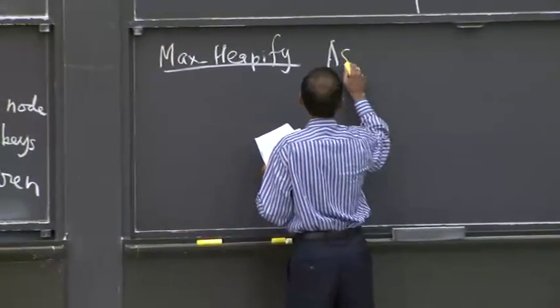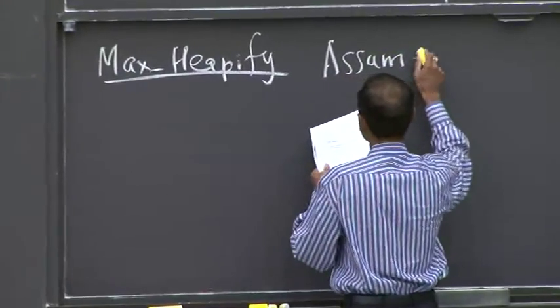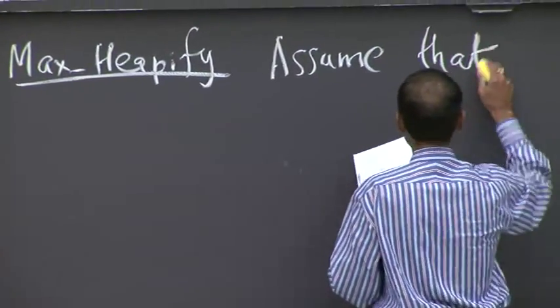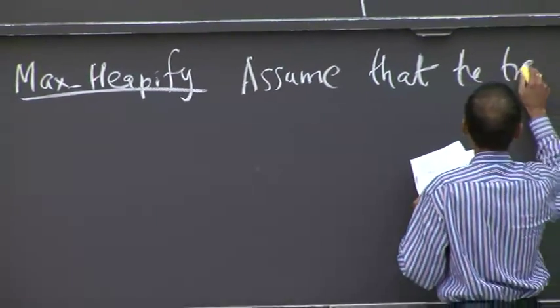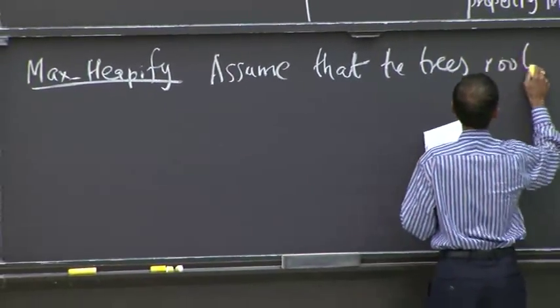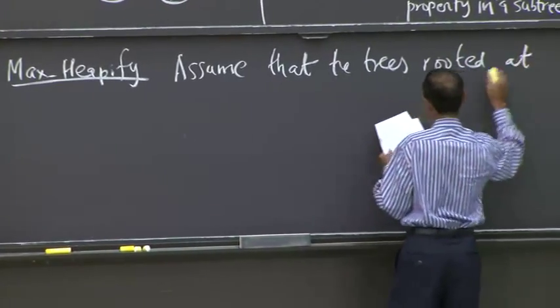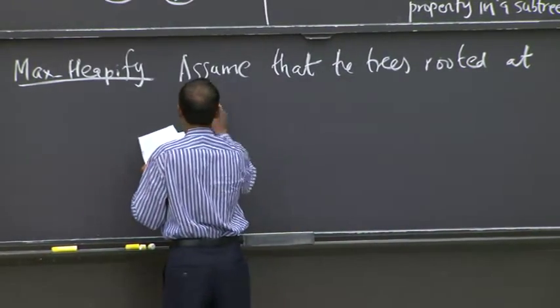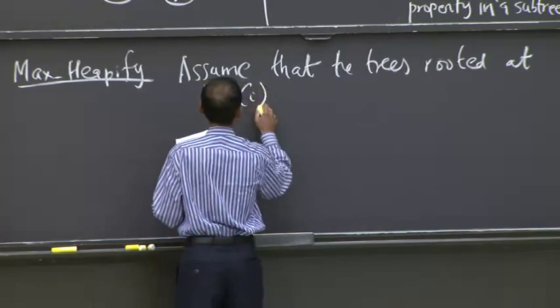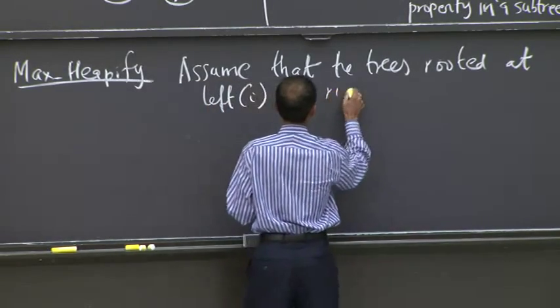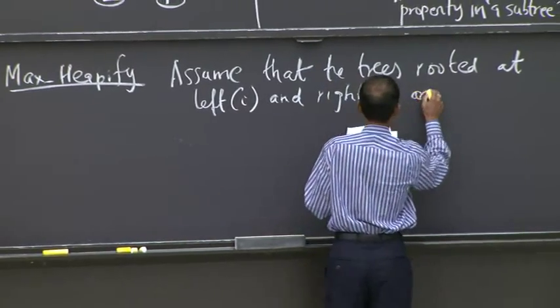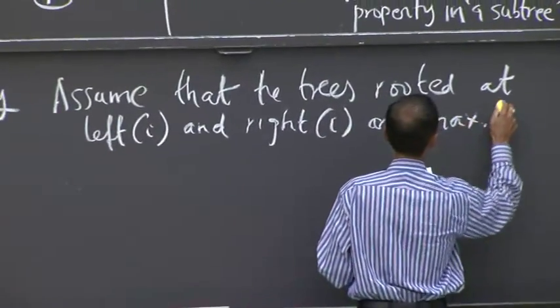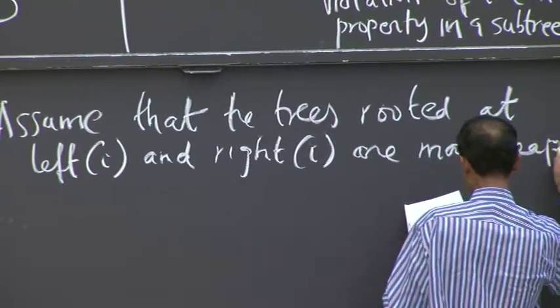The big assumption, and you can think of this as a precondition for running max-heapify, is that the trees rooted at left(i) and right(i) are max heaps. Right?